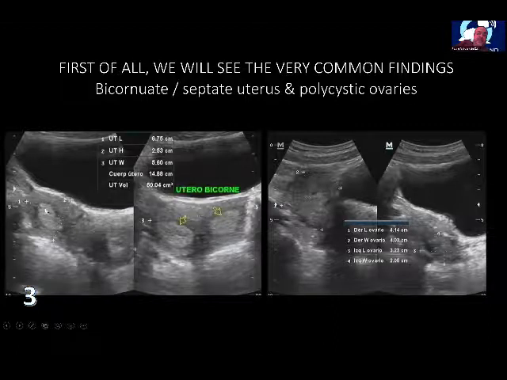This is a cut or a view in the long axis of the uterus, and this is the same uterus cut through here just by twisting the transducer, which shows two endometrial cavities, echogenic, very similar, not always like that, and both ovaries, the right ovary, the left ovary.